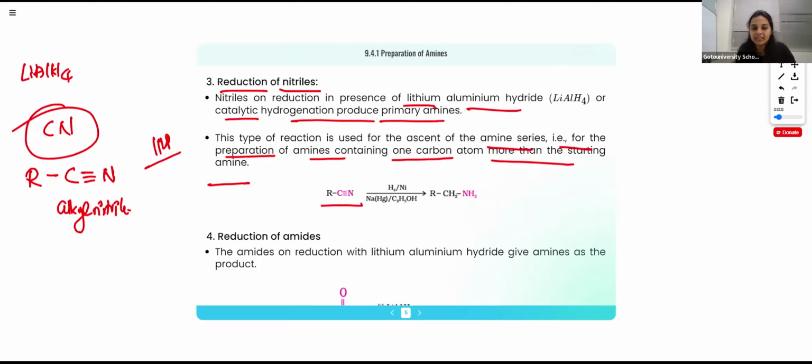Addition of hydrogen. So what you have to do? The best method is break here, add one molecule of hydrogen here, another molecule of hydrogen here. Then it will be RCH2NH2. So this is the compound. Got it? So if you are doing reduction of nitriles, you will get corresponding amines.